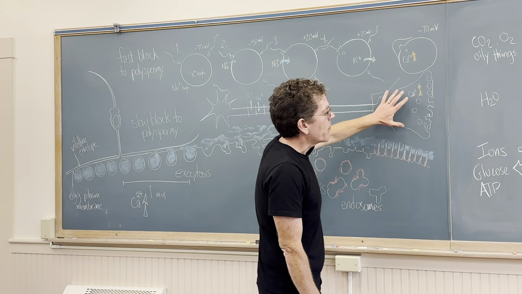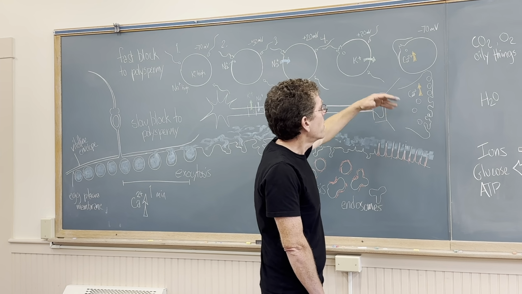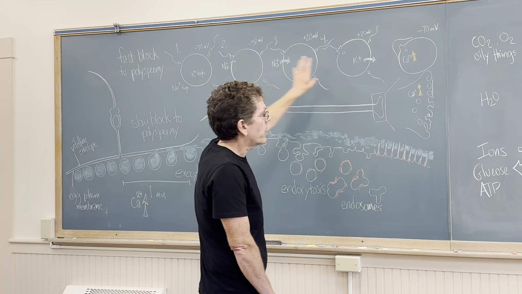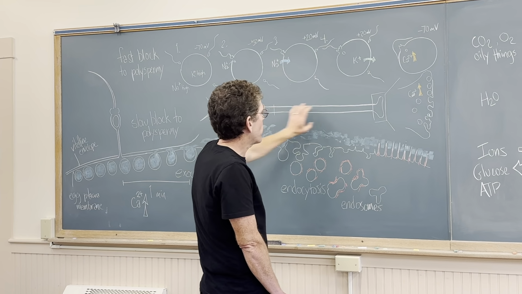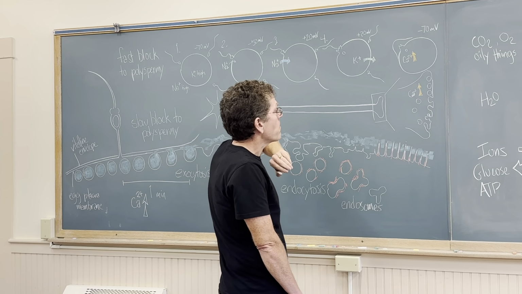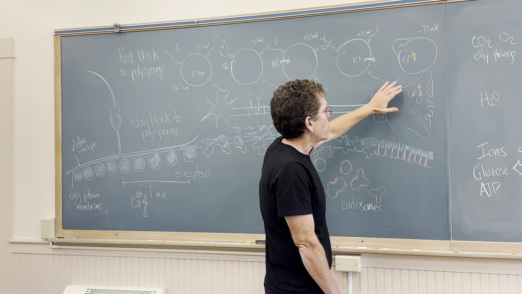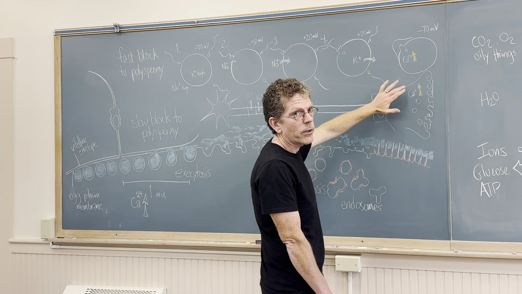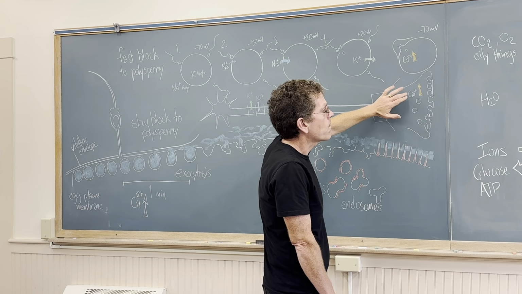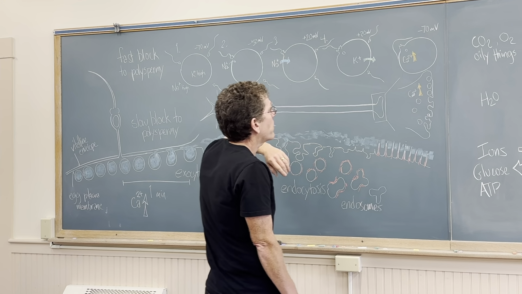That brings up another major difference between these two events, fertilization's action potential versus the action potential in a neuron, and that has to do with the source of calcium. As I mentioned, calcium is probably flowing through a voltage-gated calcium channel at the synapse, when the action potential arrives.